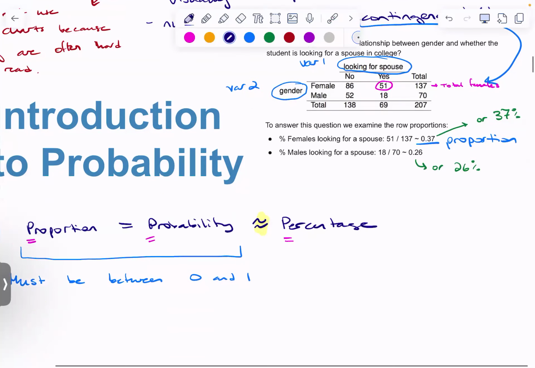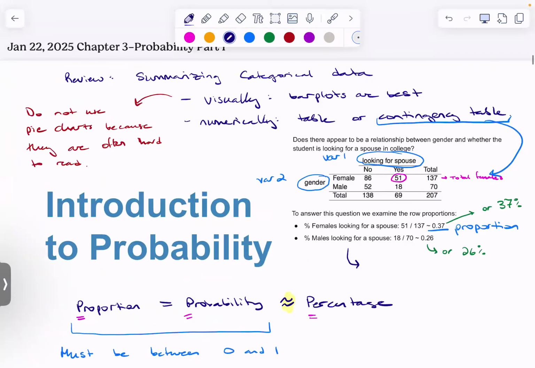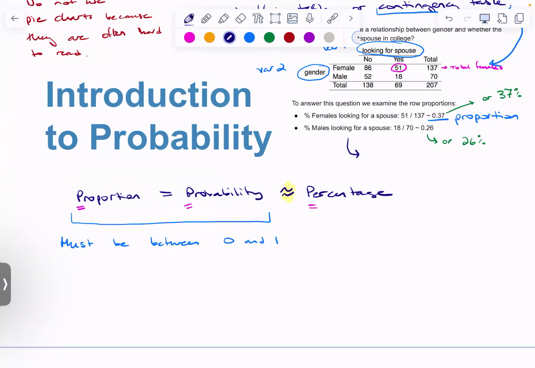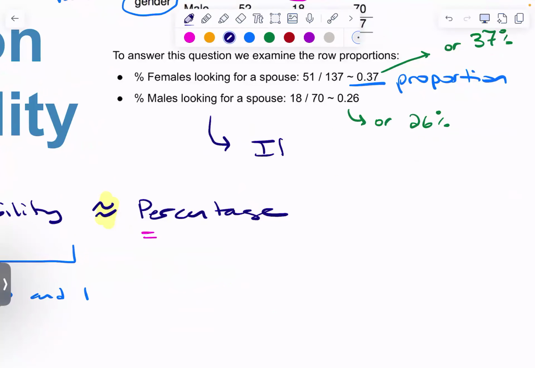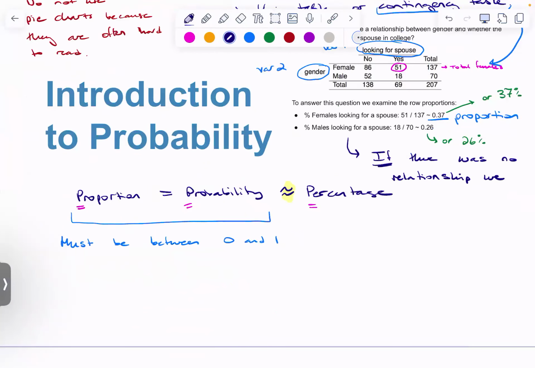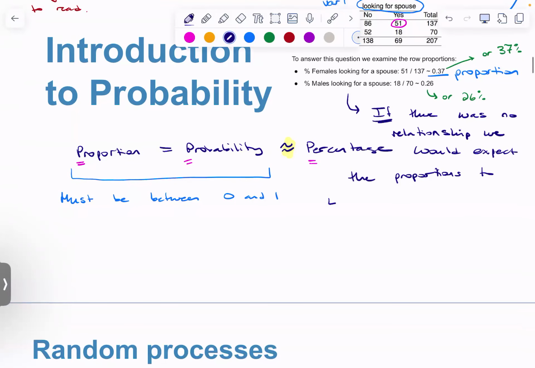Yeah. So here, there's arrows all over this page. I gotta stop it. Okay, anyways, if there was no relationship, we would expect the proportions to be similar, not dependent on the gender.